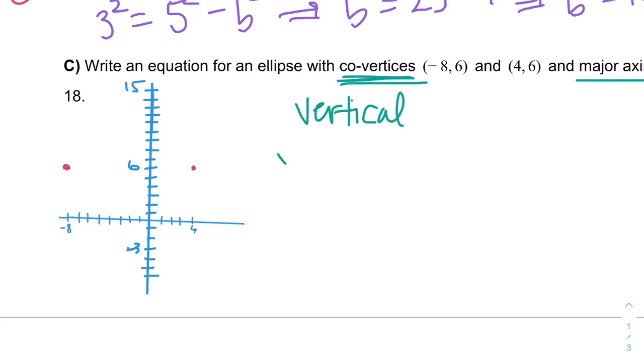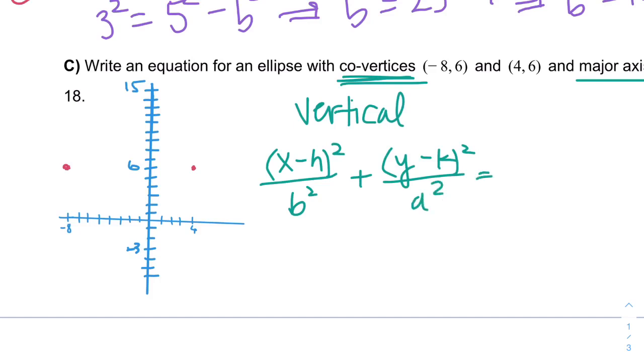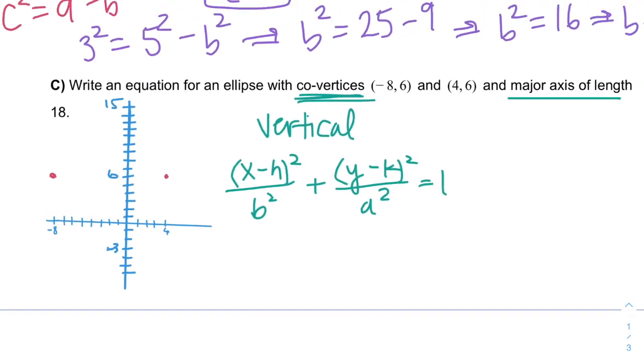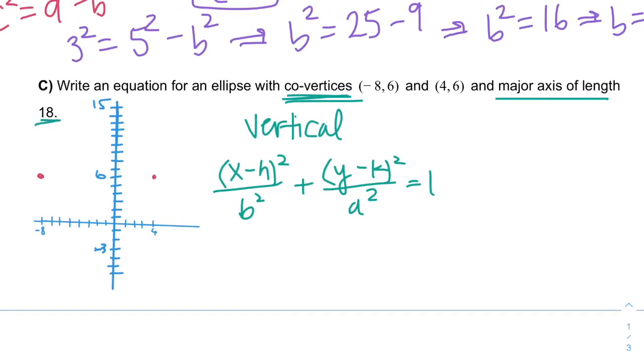So if I write out my equation, this is going to be my shorter side underneath x, and my longer side, which is a, is going to be underneath the y.